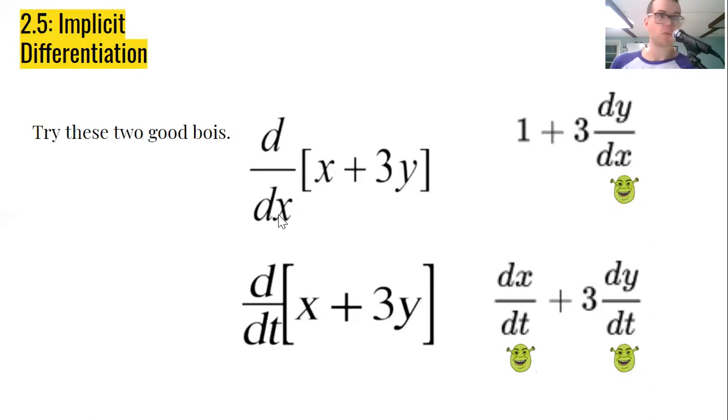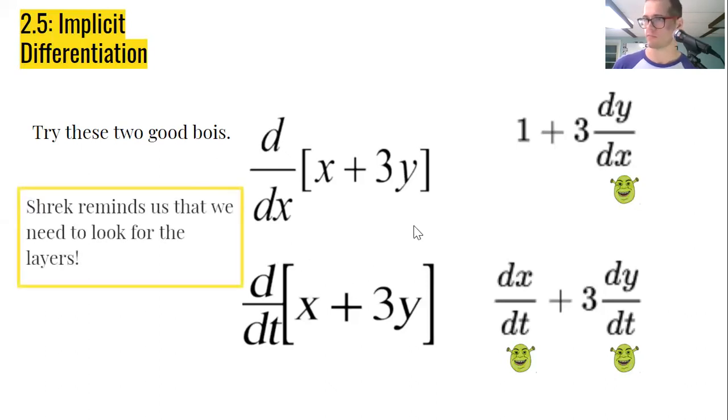And since we don't know what y is, we're just going to put in the object in each of these. We don't know the exact relationship between the variable we're taking the derivative of and with respect to what variable. Again, keep looking for those layers. Keep remembering that there's some composition going on.